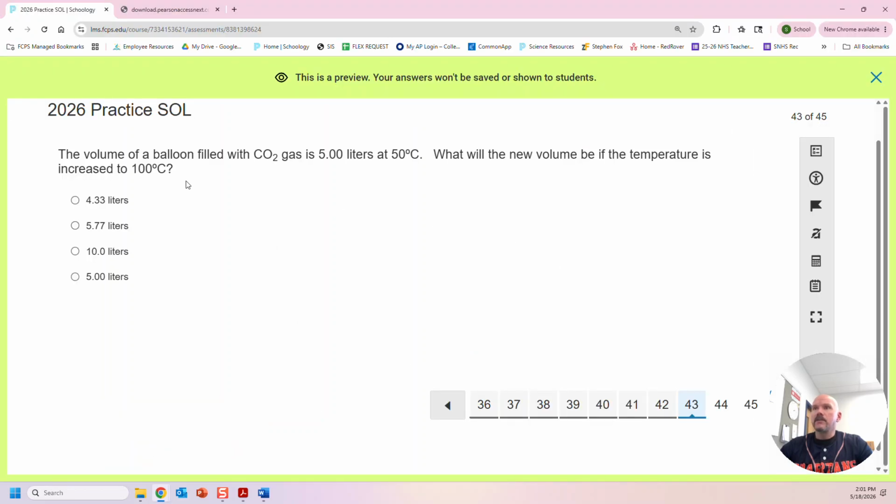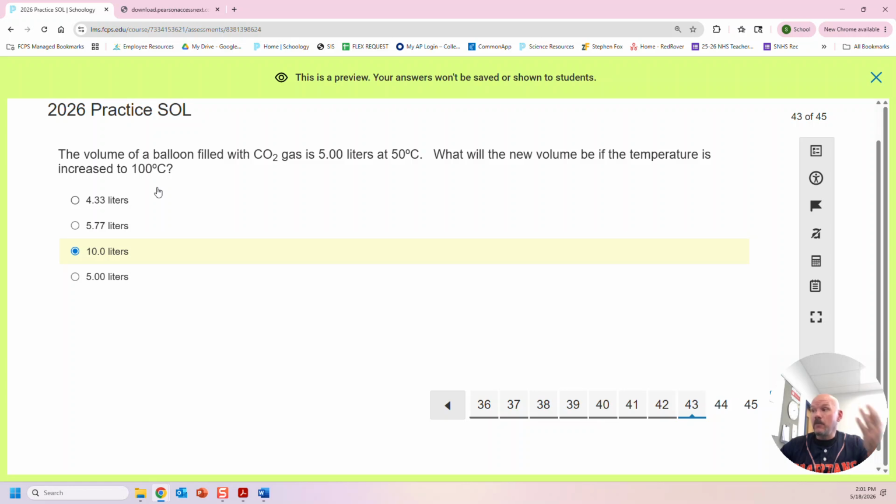All right, so here, the volume of a balloon filled with CO2 gas is 5 liters at 50 degrees Celsius. What will the new volume be if the temperature is increased to 100 degrees Celsius? Sorry, that might be the answer. It might not be. I haven't looked at it yet. But anyway, remember, don't guess 10. A lot of people are going to guess 10 because they're going to be lazy. They're not going to do the math because they saw that the temperature went from 50 to 100, and that's doubling.